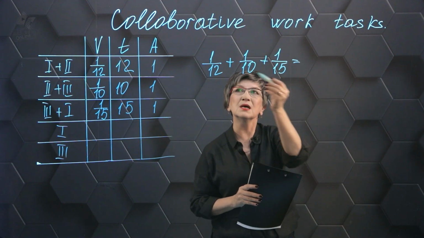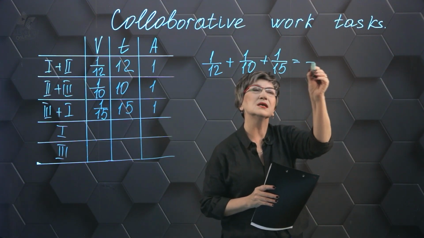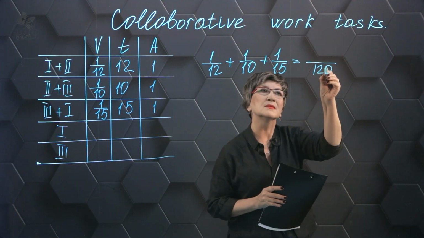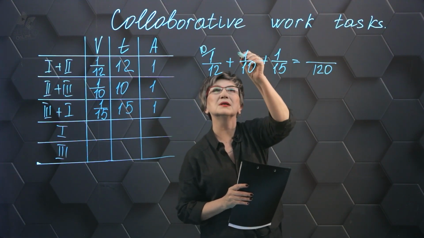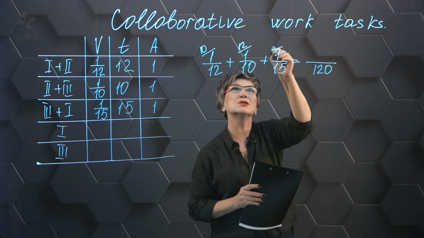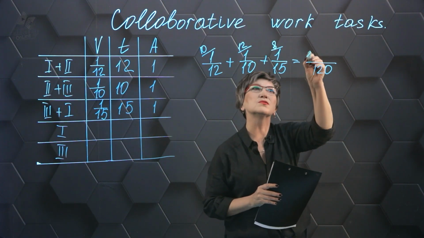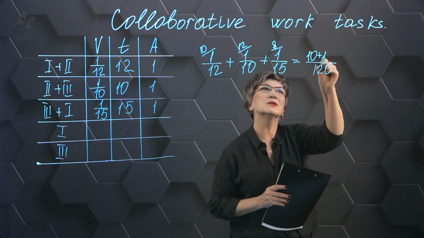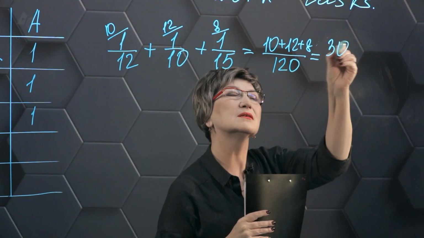Let's find the common denominator for the denominators 12, 10 and 15. Then the additional multiplier is 10, the additional multiplier is 12, and the additional multiplier is 8. 10 plus 12 and plus 8 equals 30/120ths.